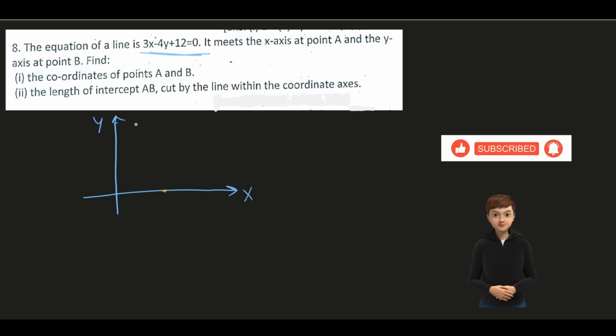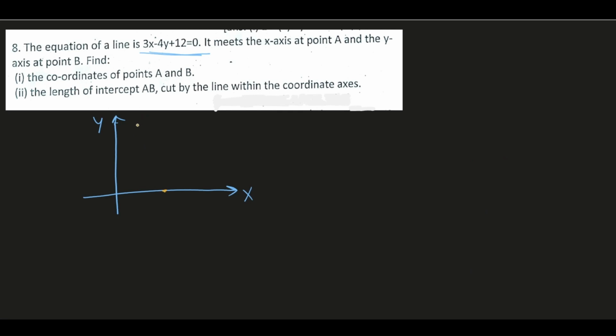This is x-axis and this is y-axis. And since the line is meeting the x-axis at point A and the y-axis at point B, let's draw the line.